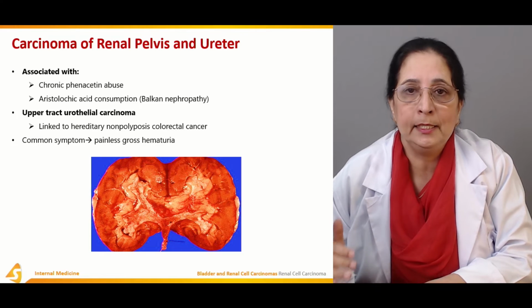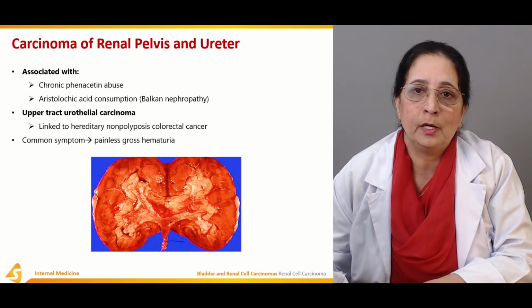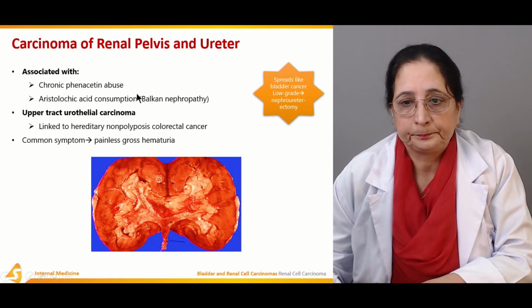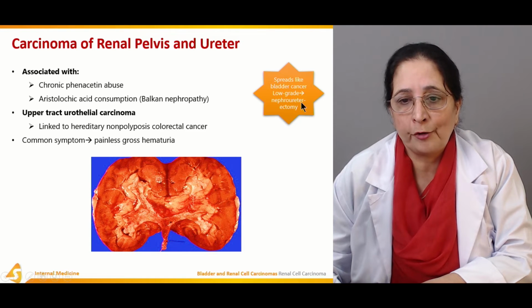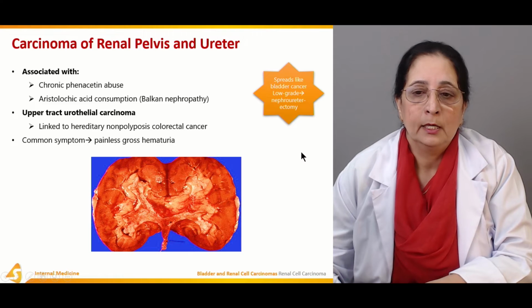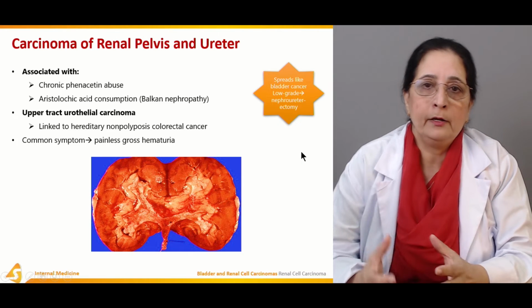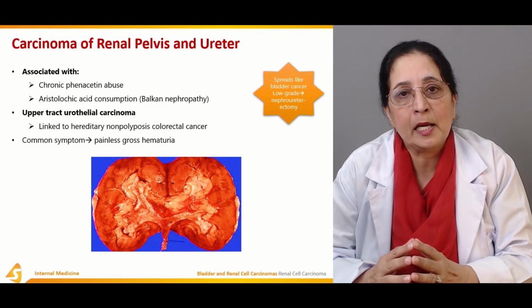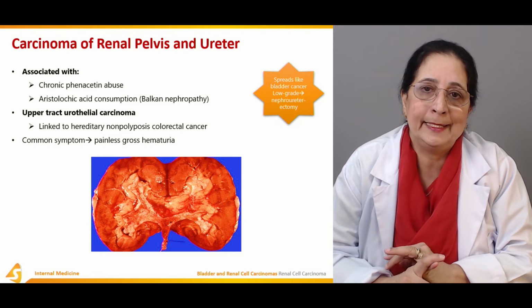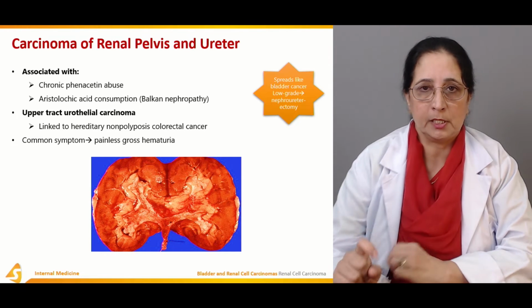You can see the blood in the urine with the eyes. It spreads like bladder cancer. If it is low grade, we do a nephroureterectomy. If there is spread of the cancer, we need to do a nephroureterectomy, which is removal of the kidney and the ureter.